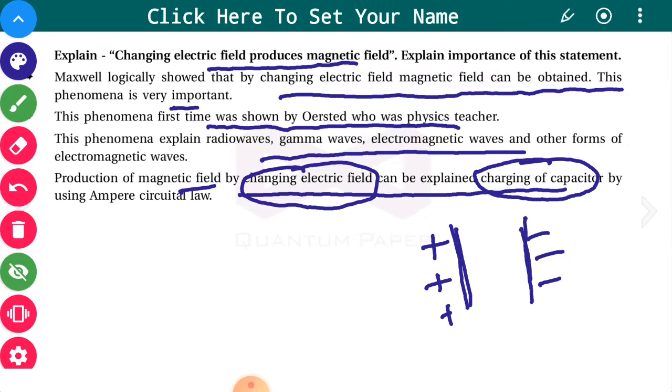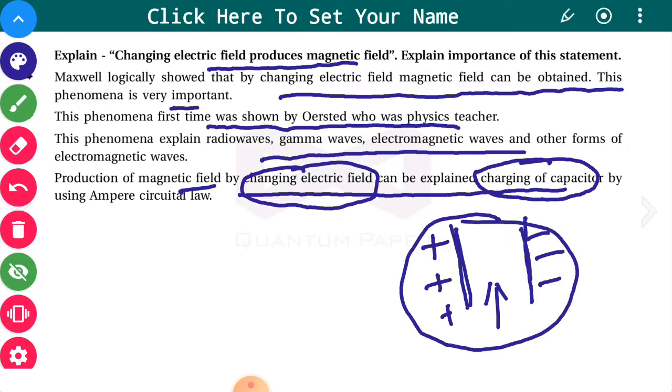During the charging process the electric field in the capacitor varies, and that changing electric field produces the magnetic field.